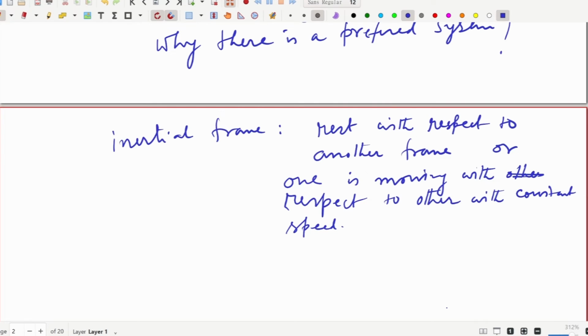That is the biggest disadvantage of this. I'll explain this in more detail, but before that let me say something about the non-inertial frame also.